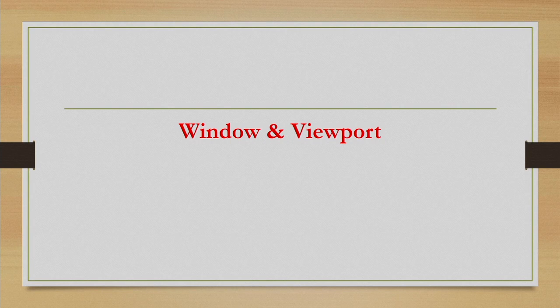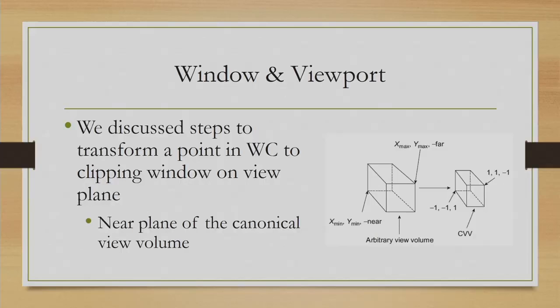So, that is in short what we do during projection and how we project from a world coordinate scene to a view plane. Now, there is one more stage. Let us go to that stage, that is mapping from this view plane to a viewport on the device space. So far what we have discussed are steps to transform a point in world coordinate to a clipping window on the view plane.